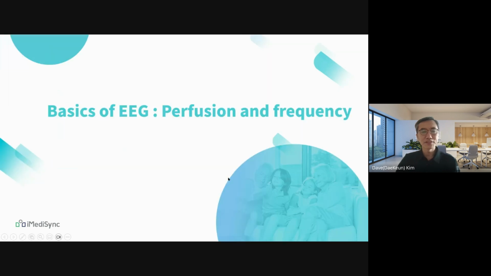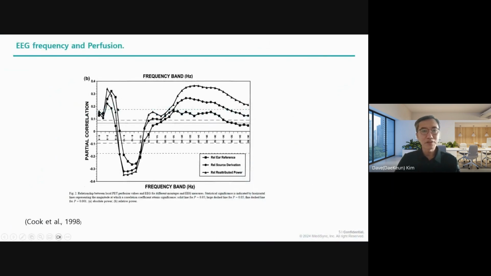First, the very basics, which many people here may already know. Perfusion and frequency: it is a very well-known chart of EEG frequency and perfusion. You can see that in the delta frequency there is a lot of perfusion, usually related to the metabolism during sleep.